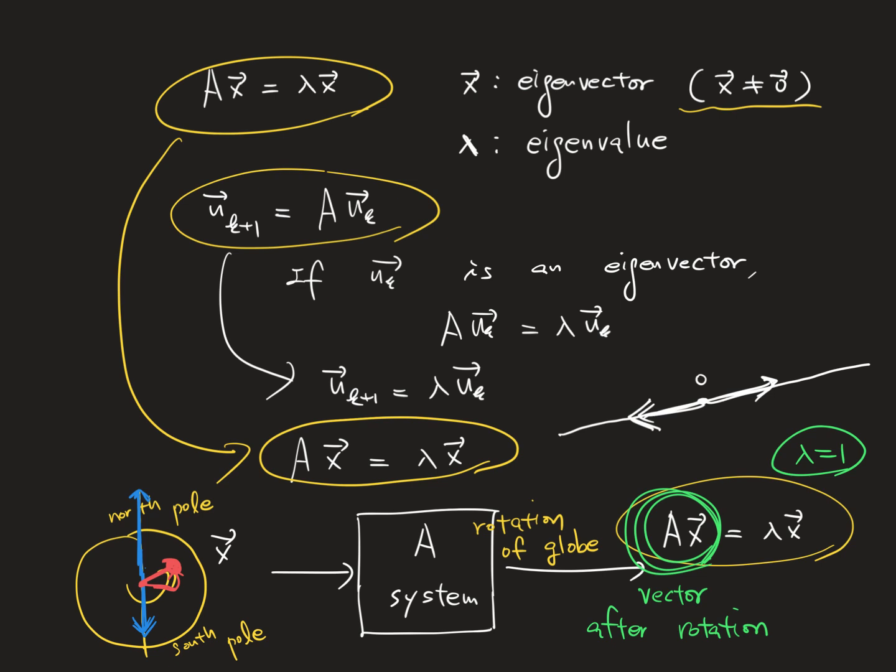So that vector is not an eigenvector. The eigenvector for the rotation is just a vector on the rotation axis. That's the meaning of eigenvector.